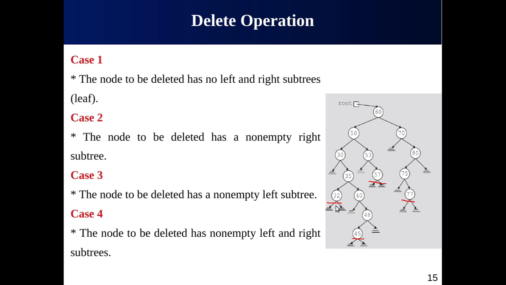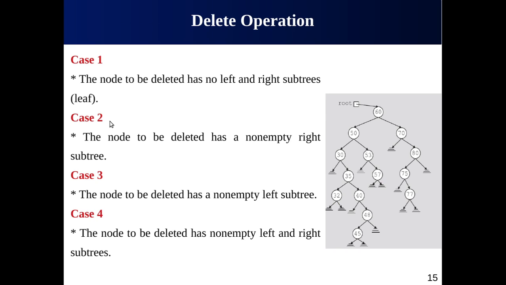Because each of these nodes does not have any child. So if you want to delete 32, 57, 77, or 45, that will be considered as case number 1. In case number 1, the node to be deleted has no left and right subtrees, meaning the node is a leaf node.